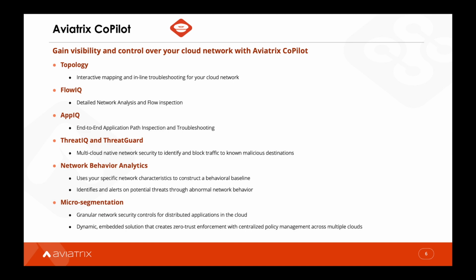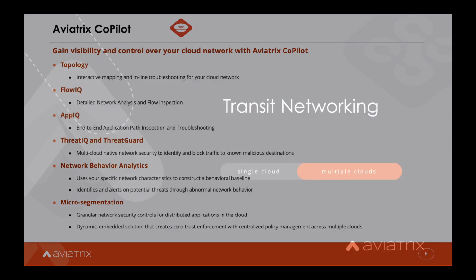Microsegmentation empowers customers to build zero-trust environments for applications that are distributed across multiple regions or multiple clouds. New cloud resources will automatically be protected by existing security policies based on their cloud-native tags. This is another topic that we go into more detail separately.